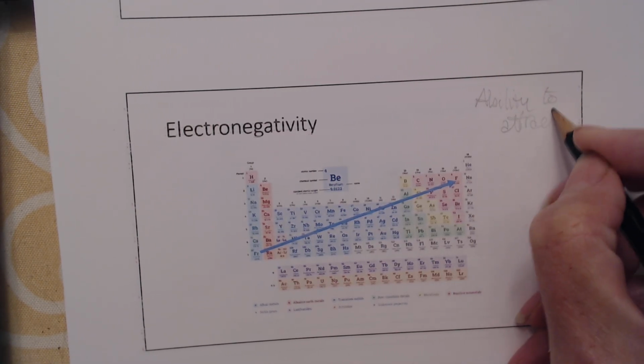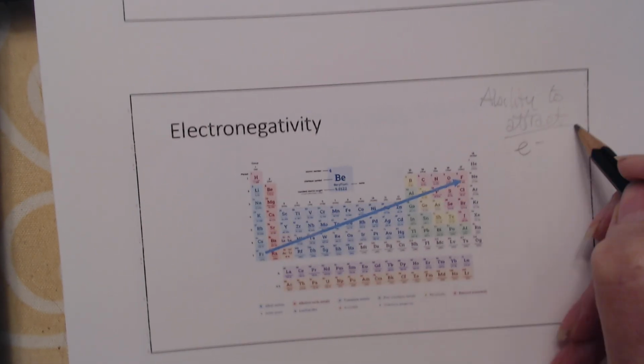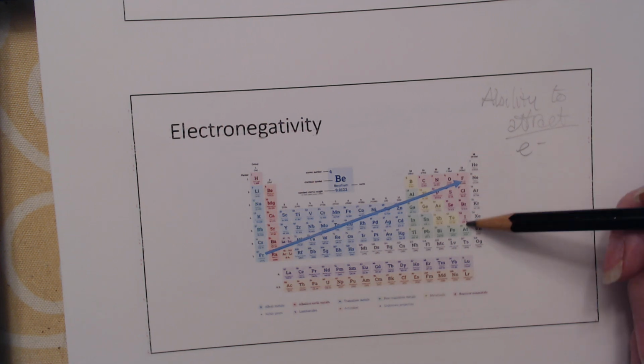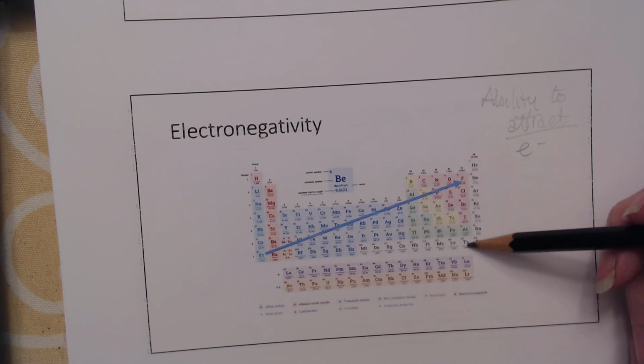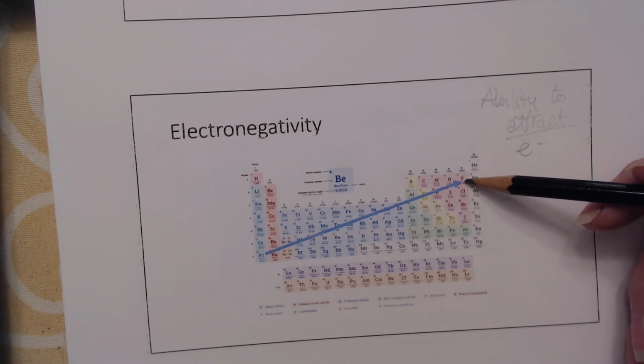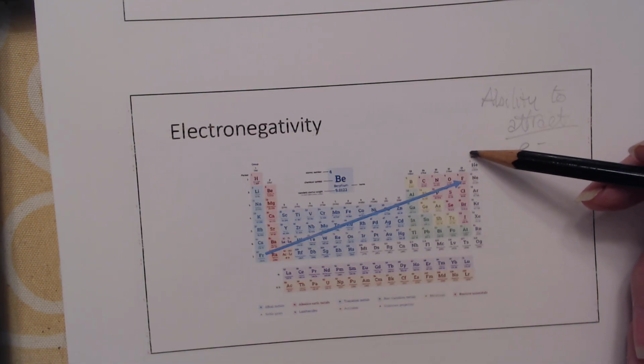All right, so if you think about who wants to attract electrons, it's somebody whose valence shell is almost completely full, right? So the prime suspects are right here. Additionally, it's going to be somebody who has very little electrons between it and its nucleus.